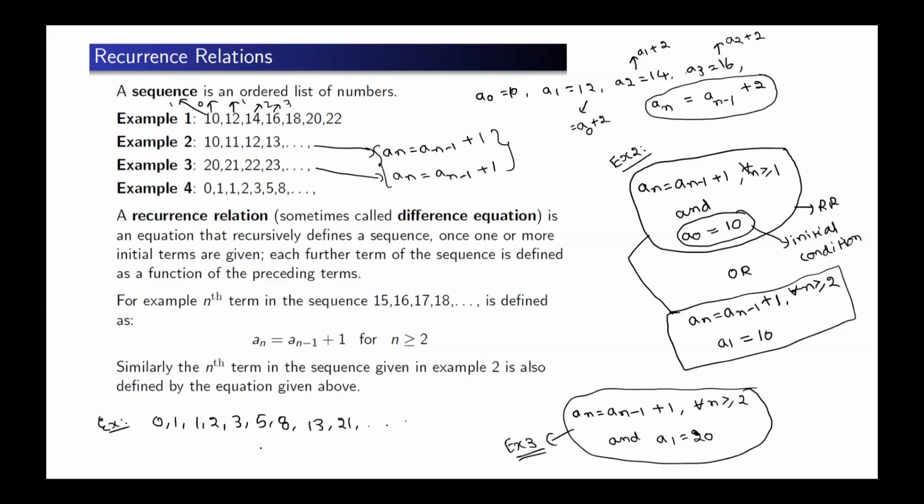Here we can represent a_n as a_(n-1) plus a_(n-2). Here we are representing in terms of two of its previous terms. Is that okay? So it need not be addition. It can be even subtraction also.